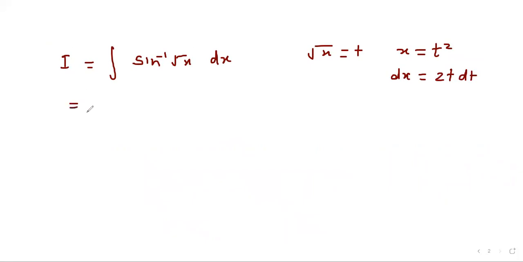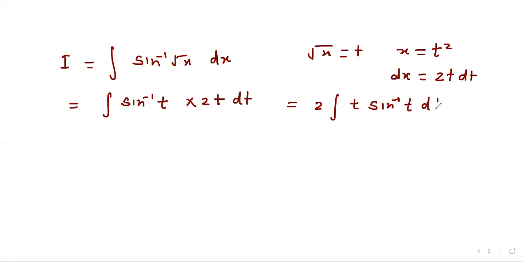So our question will become integration sine inverse t times 2t dt, or twice of t sine inverse t dt. Here we apply ILATE rule in which t will be taken as second function and sine inverse t will be taken as first function.